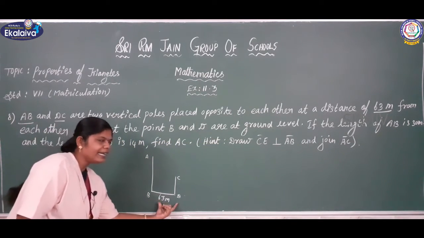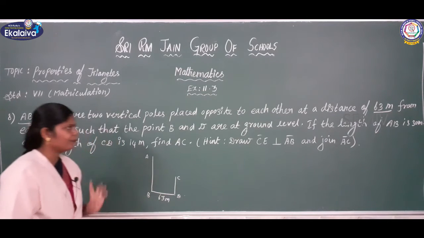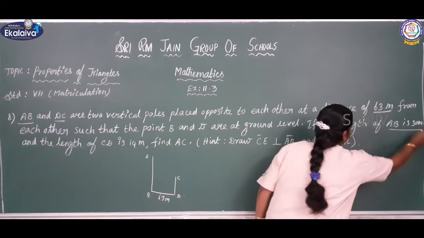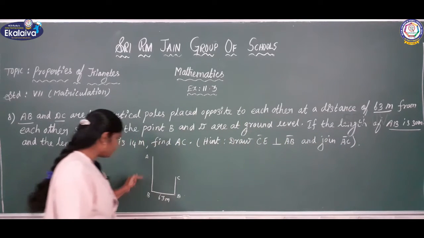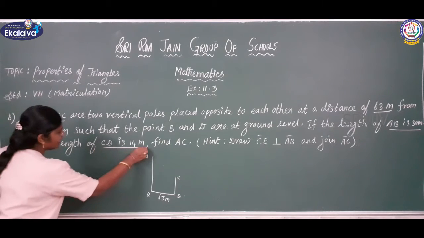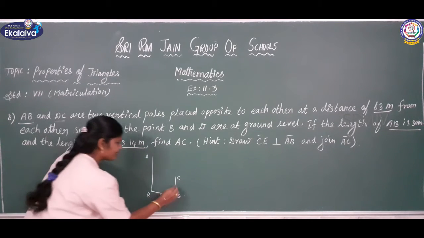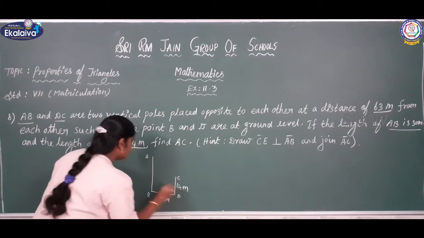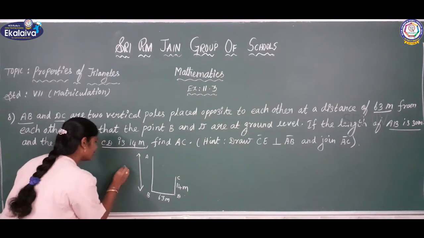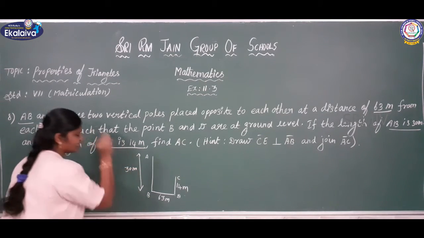So B and D are at the ground level. If the length of AB is 30 meter, and the length of CD is 14 meter. This is 14 meter. The whole length is 30 meter. The length of AB is 30 meter.